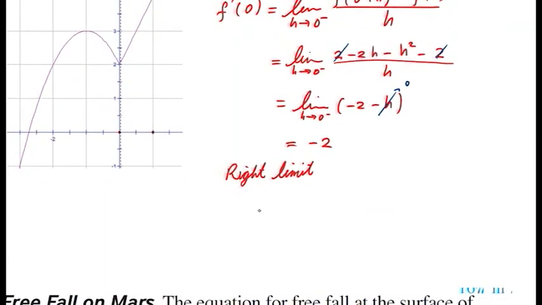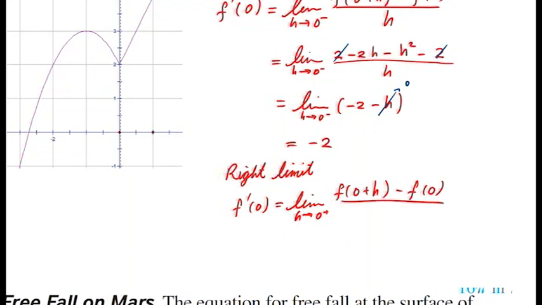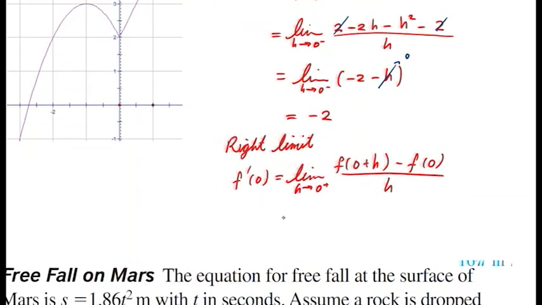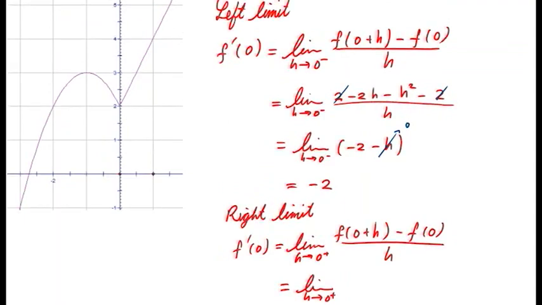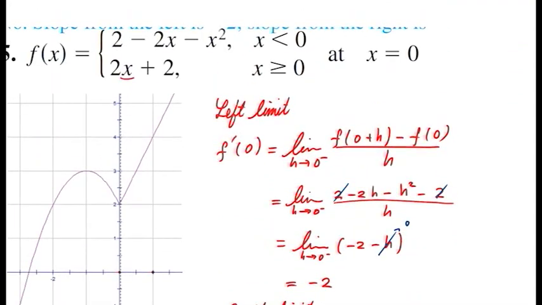So for the right limit, we have f prime of 0 equal to the limit as h approaches 0 from the right-hand side of f of 0 plus h minus f of 0 over h, and h is slightly positive. Now we use the right-hand piece, this one.